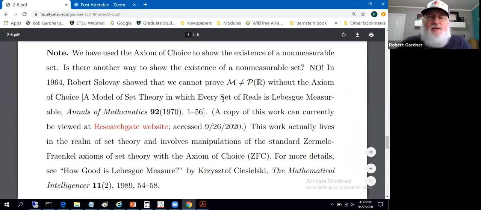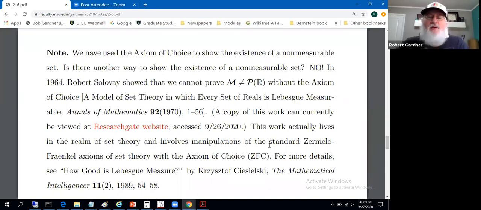This is going to be some pretty heavy, intense set theoretic stuff. It's also fairly lengthy for a research publication. I say this work lives in the realm of set theory. It involves manipulations of the axioms of set theory. Those are the Zermelo-Fraenkel axioms of set theory with choice, the ZFC axioms, as it's commonly called.